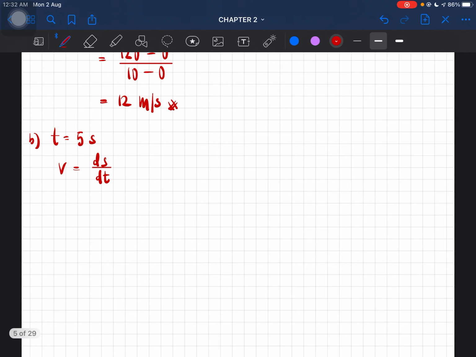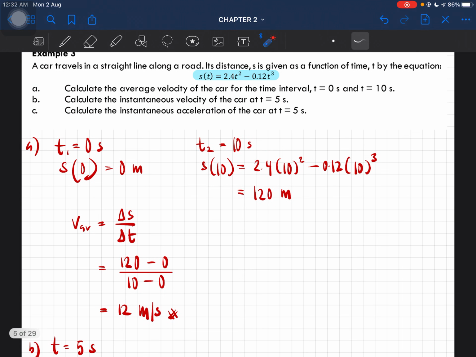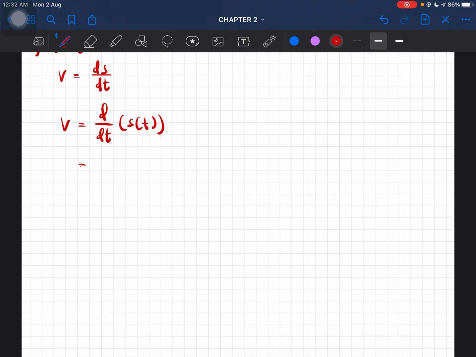So what we have to do is create the equation. How? By differentiating this formula, which we have from the question. So differentiate the equation 2.4 t square minus 0.12 t cube.